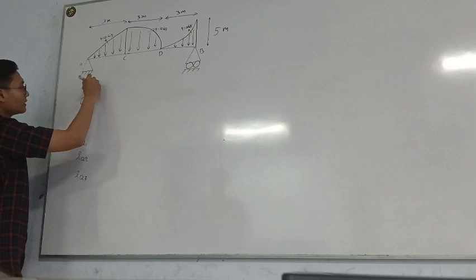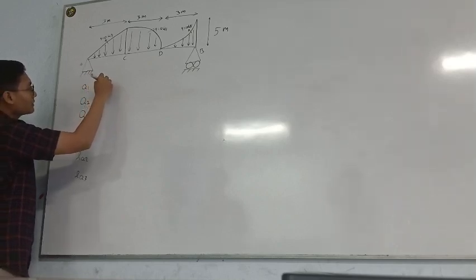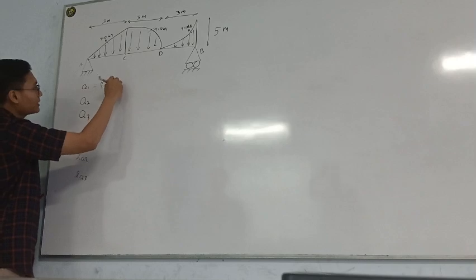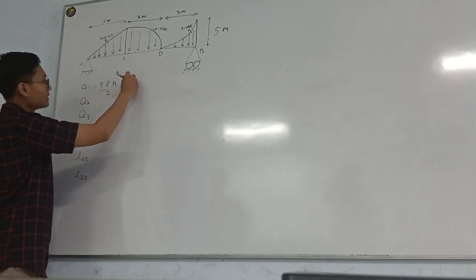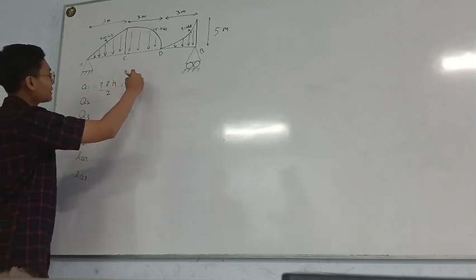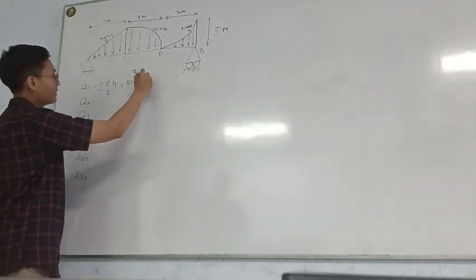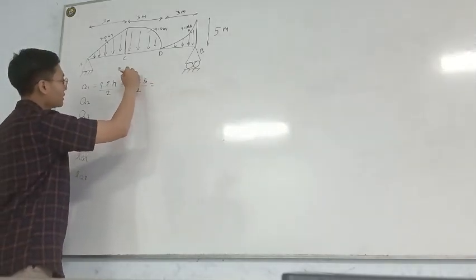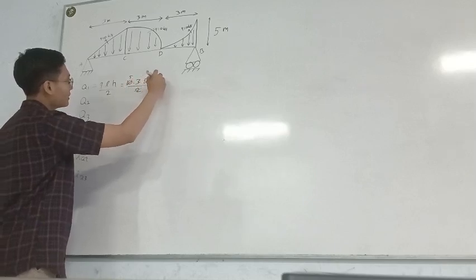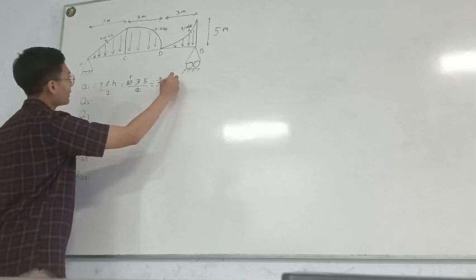In Q1, the formula is Q times L times H per 2, where Q is 10, L is 3 and H is 5, per 2 equals 75.